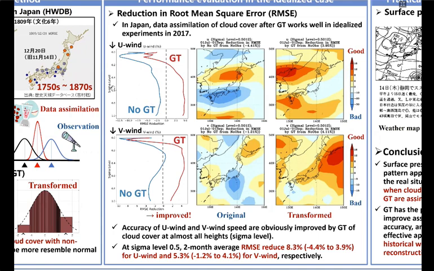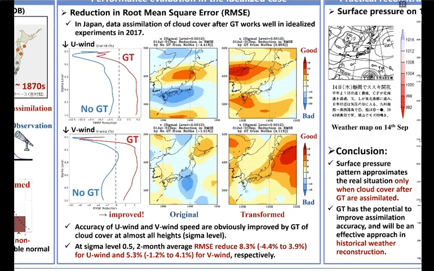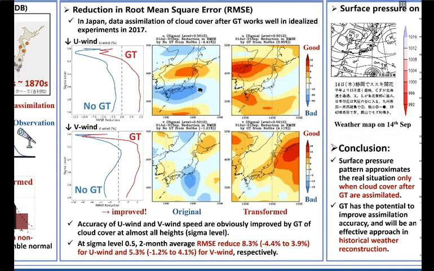Especially if we focus on sigma level 0.5, these four figures show the horizontal distribution of reduction of root mean square error. The left two figures show no GT using original cloud cover. The right two figures show GT using transformed cloud cover. Similarly, positive values shown by red colors mean the accuracy is improved, and negative values shown by blue colors mean the accuracy gets worse.